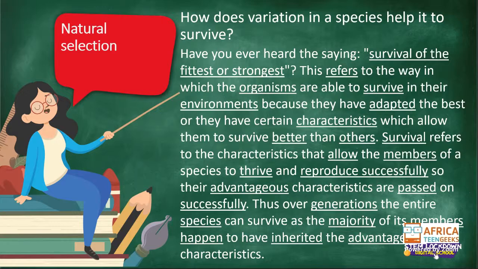Okay. So survival refers to the characteristics that allow the members of a species to thrive and reproduce successfully. So their advantageous characteristics are passed on successfully. Thus, over generations, the entire species can survive as the majority of its members happen to have inherited the advantageous characteristics.